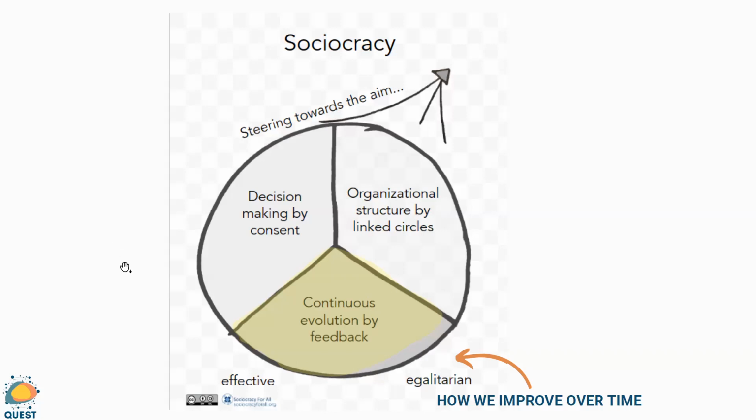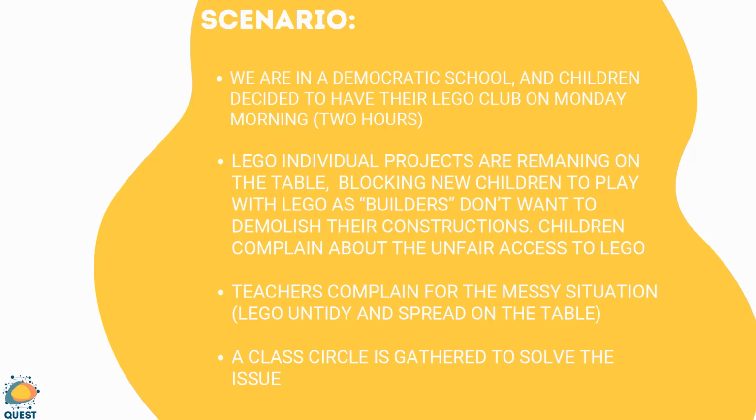I just suggest you use small examples and small scenarios in your class, not start with very broad and philosophical topics for decisions with consent, but very practical examples. Like the one I proposed here, where there was a club.